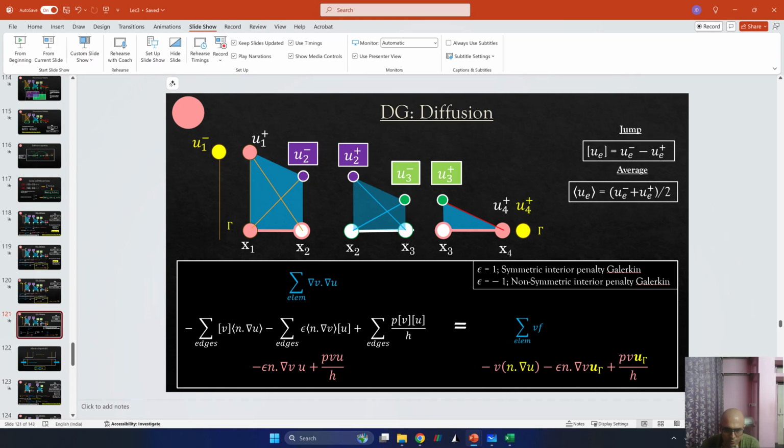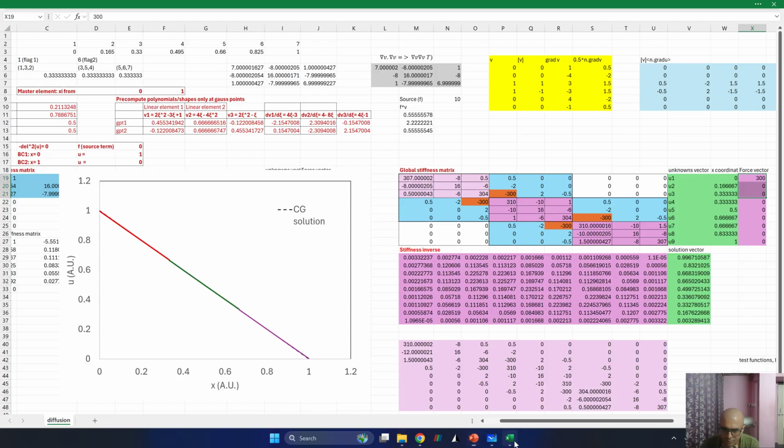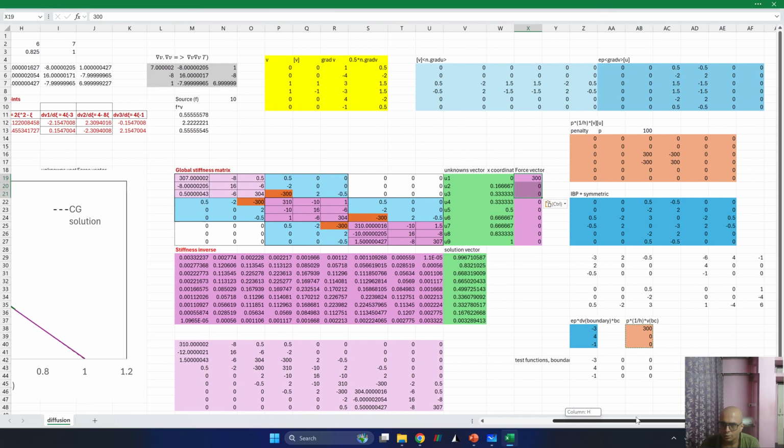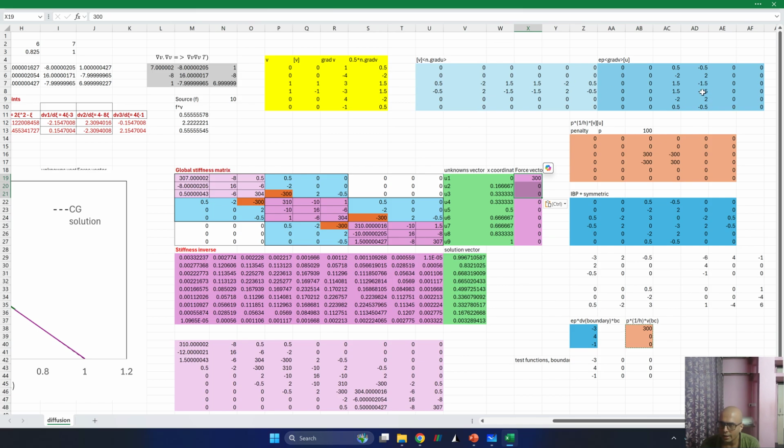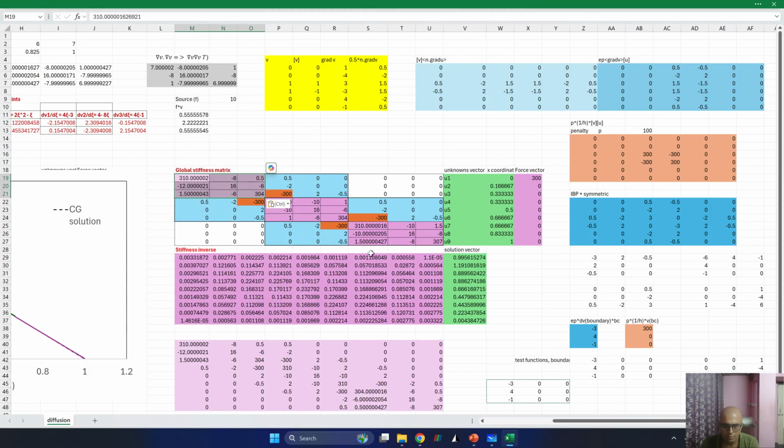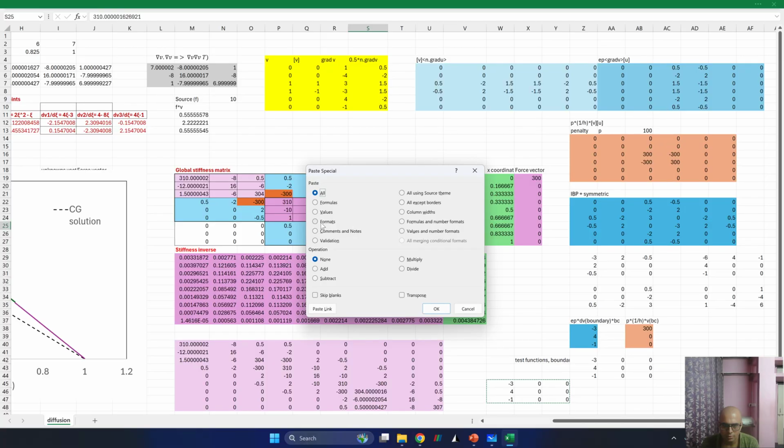So this term is epsilon, which is 1, and n dot del v into u. There is no average here because there is no test function on the other side, which means that you would again have this guy just multiplied by 2. So let's just do 2 into this part. We'll subtract this here, subtract this here as well.